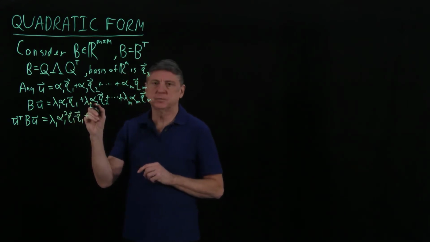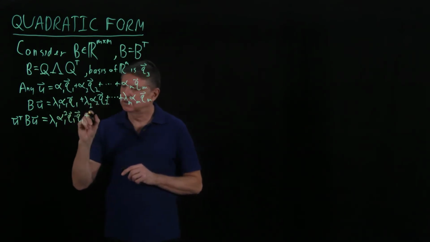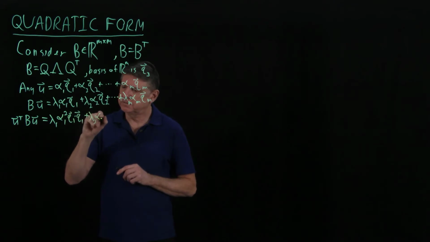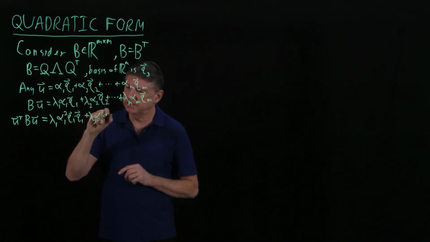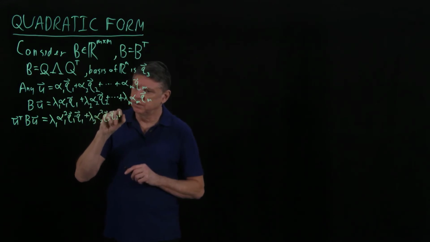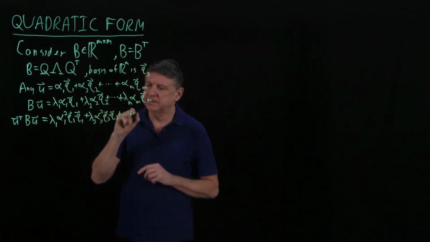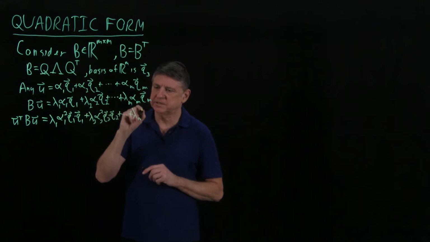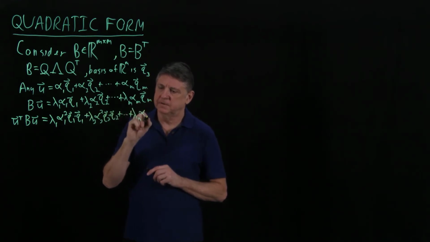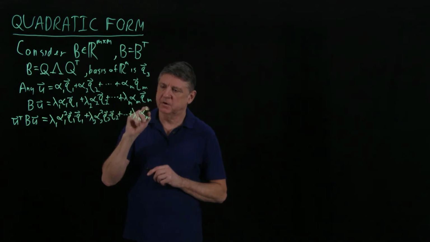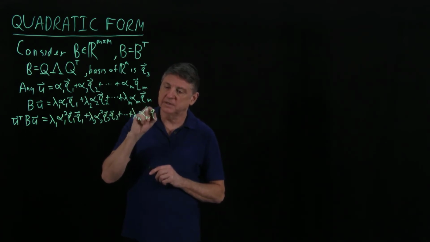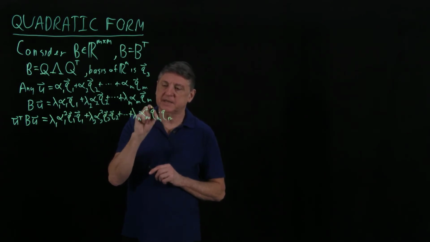Then this term would be lambda 2 times alpha 2 squared times Q2 dot Q2, and so on until I have expressed all of the terms in this linear combination, which is now not a linear combination, but a scalar expression.